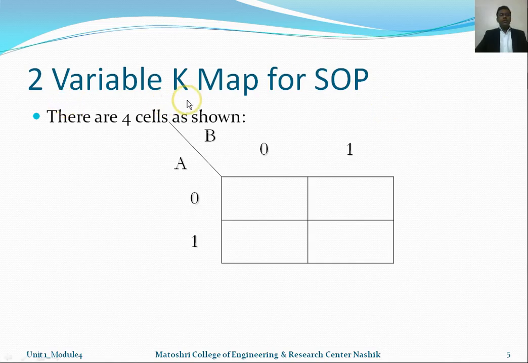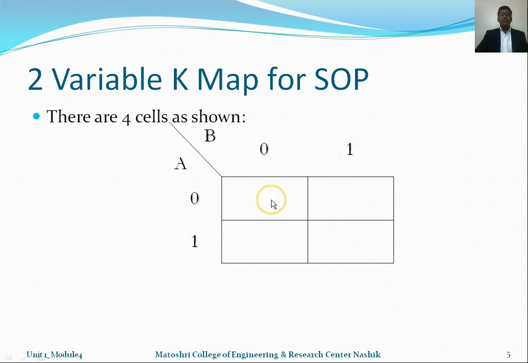Now the 2-variable K-map is shown here. It is a 4-cell K-map where the two input variables, A and B, are written from MSB to LSB, with MSB on the bottom side and LSB on the upper side. The value of A is either 0 or 1, and the value of B is either 0 or 1.